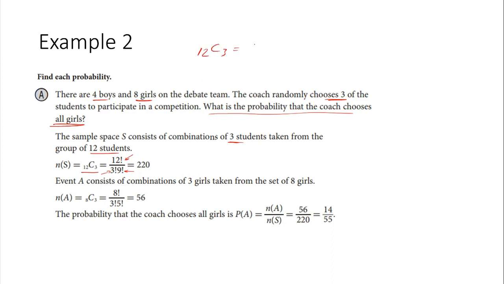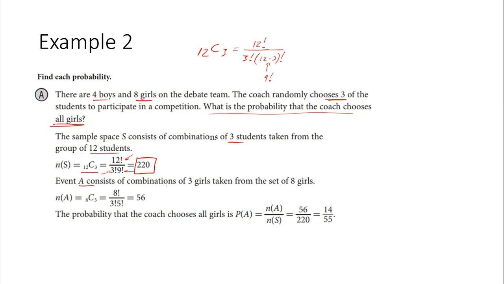If you rewrote that, that's just going to be 12 factorial all over 3 factorial, since we're choosing 3 different combinations, times 12 minus 3 factorial. There we go. And that's where we got the 9 factorial, by the way. If you're confused on where that came from, it came from the formula. So there's actually 220 different ways of this coach selecting his kids.